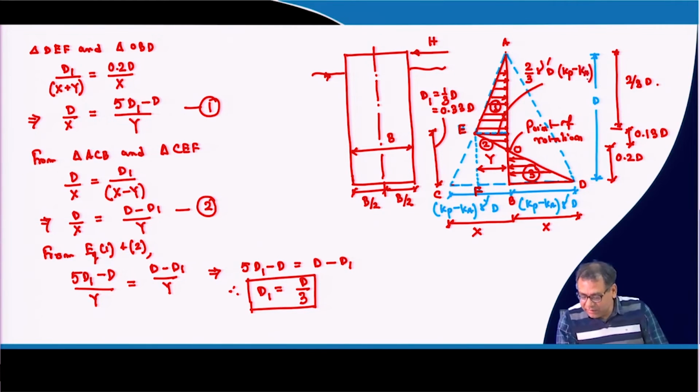Because at a depth of d it is Kp minus Ka gamma dash d, at 2/3 of d you replace d by 2/3 of d, that I have done. So, this is the pressure distribution at this point.